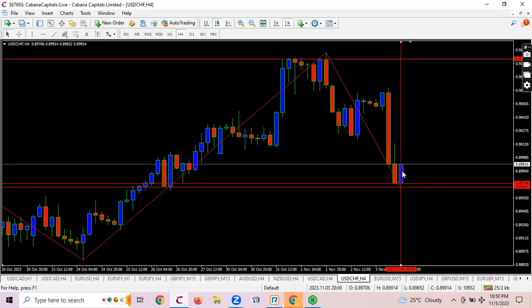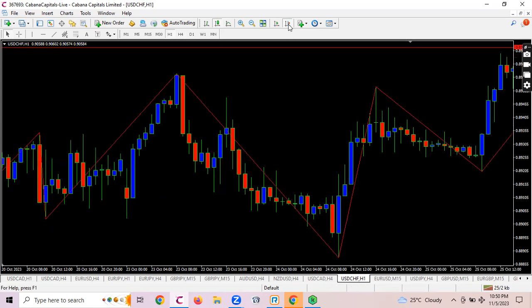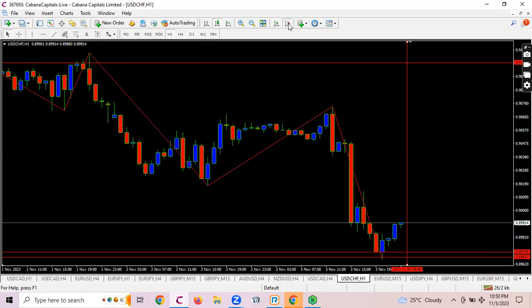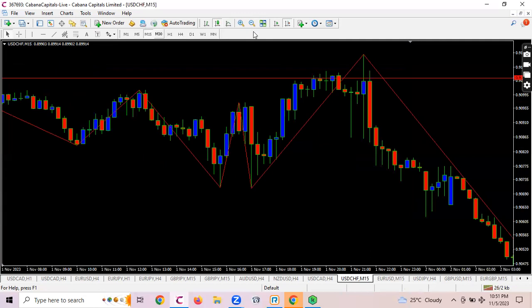Okay, so let's go down to lower time frame to identify fair value gap. Let's go to 1 hour first. Okay, this is the fair value gap on 1 hour, but I wouldn't work with this, because it's too close to the current market price. It's too close. So let me go down to, I think 15 minutes will be okay. Let me work with 15 minutes fair value gap.